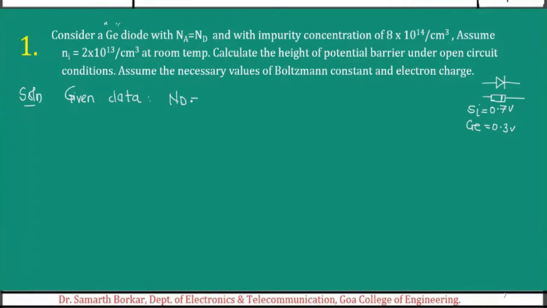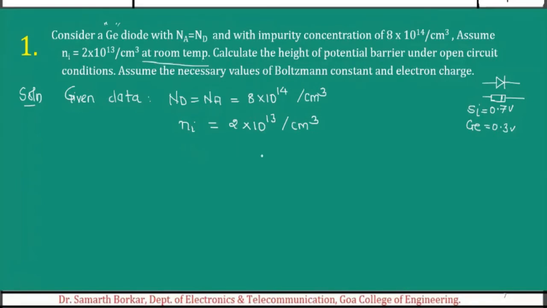Here NA equals ND, the value is 8 into 10 to the power 14 per centimeter cube. Intrinsic concentration Ni equals 2 into 10 to the power 13 per centimeter cube. What is asked at room temperature?